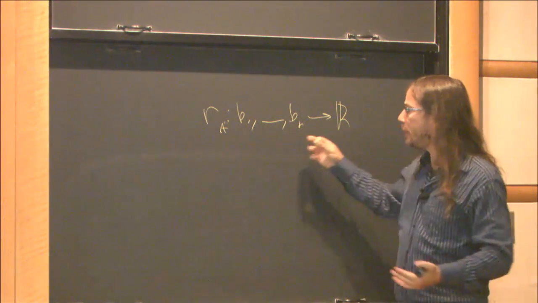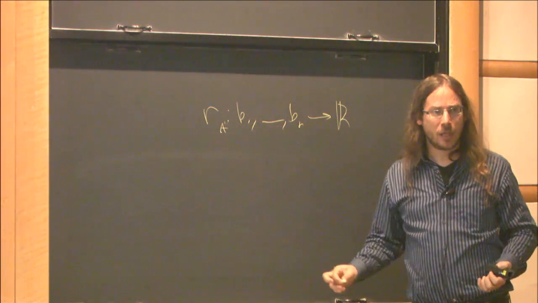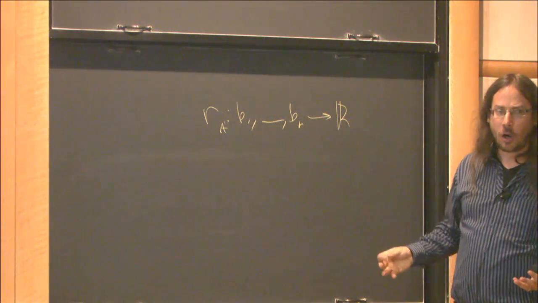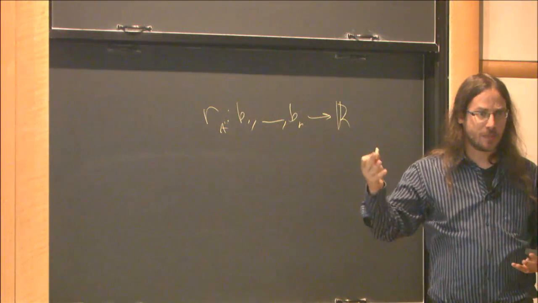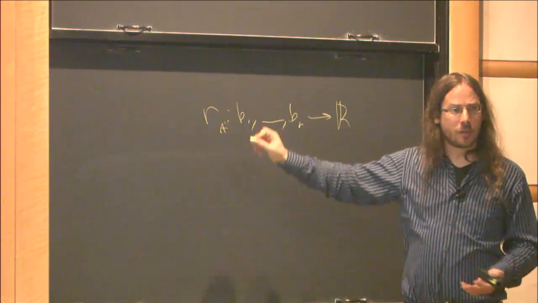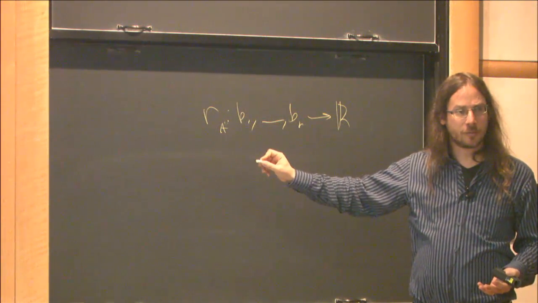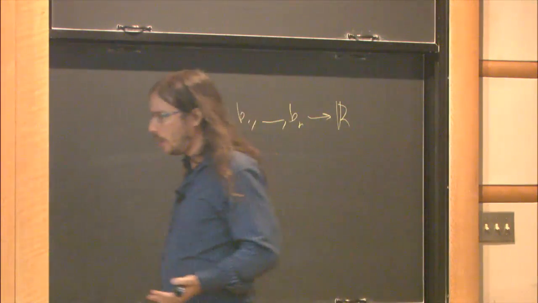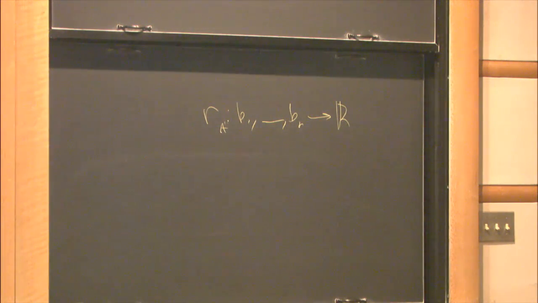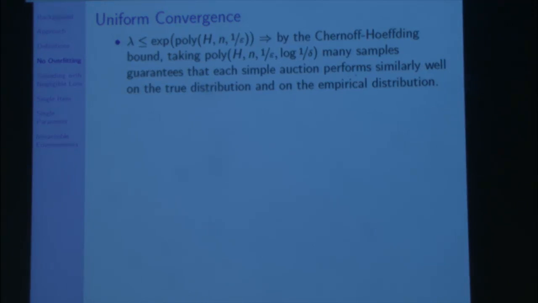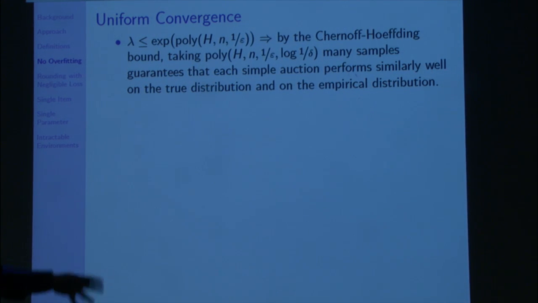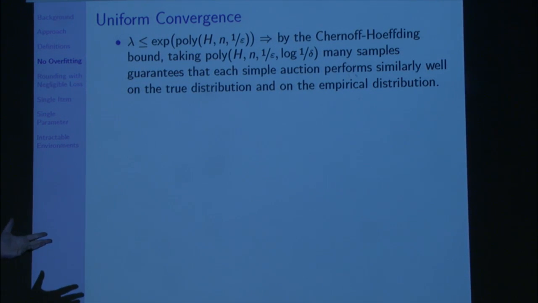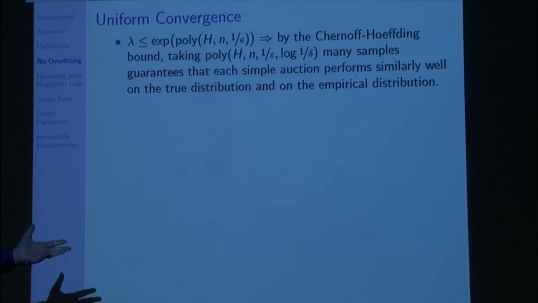The expected revenue that I get from the auction A prime is the expectation over the maybe empirical distribution or true distribution of this random variable. So in order to guarantee that for each simple auction I get similar revenue on the empirical distribution and on the original distribution, I basically have to ask myself a concentration question.